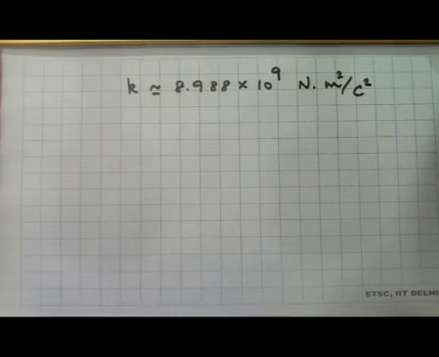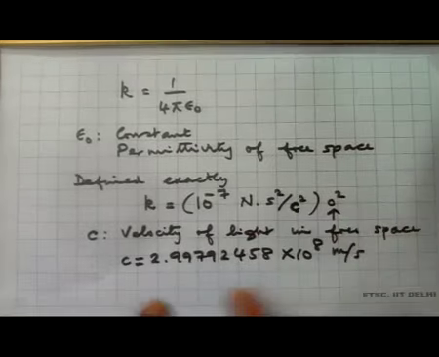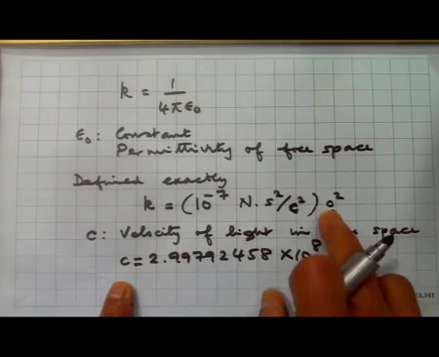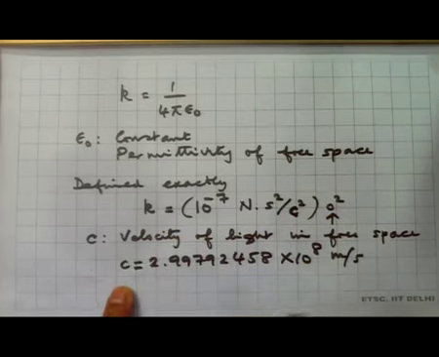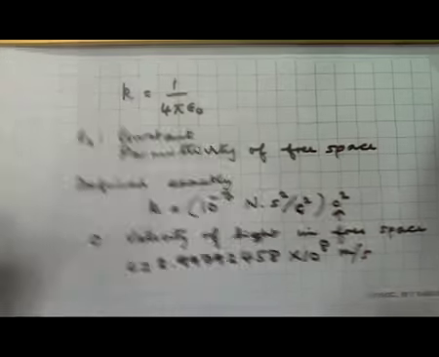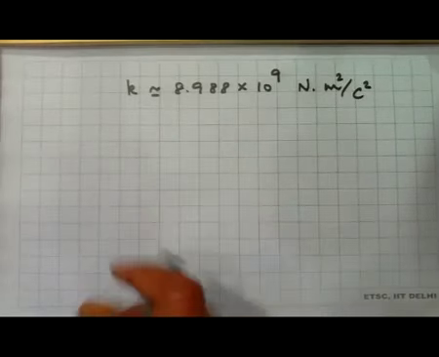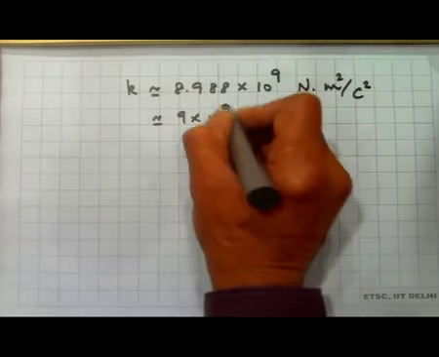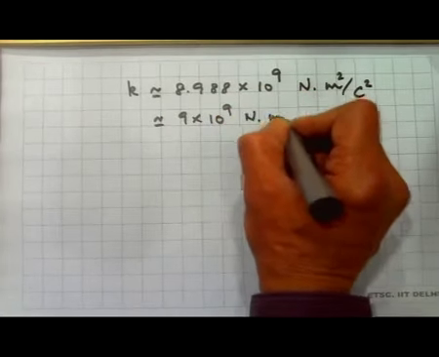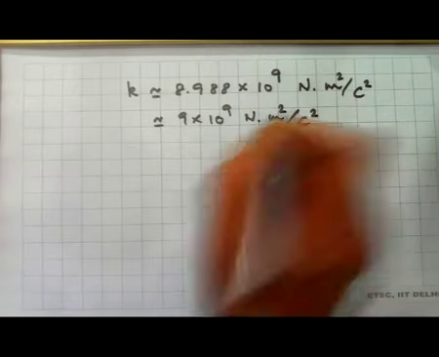So, if I substitute the value of c here into this equation, I will get an exact value of K, and that happens to be approximately 8.988, and usually this is written as 9 into 10 to the power 9 Newton meter square by Coulomb square.